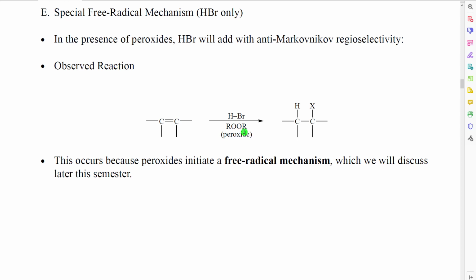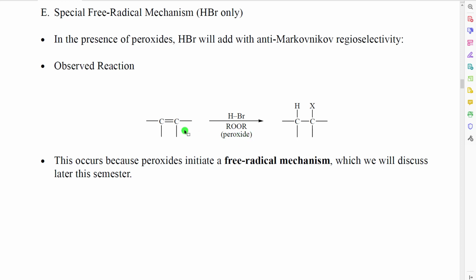Peroxides are spontaneously formed by organic molecules that are left in contact with oxygen for a long period of time. In careful experimental work, we would purify the reagents and there would be no peroxides. But if we weren't careful, there certainly could be peroxides.